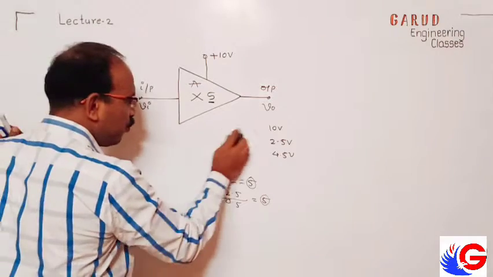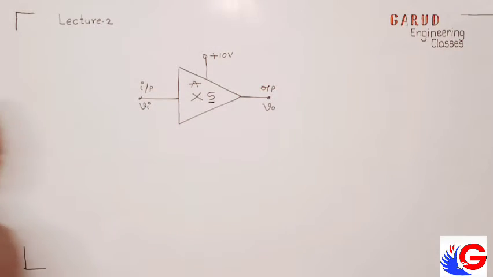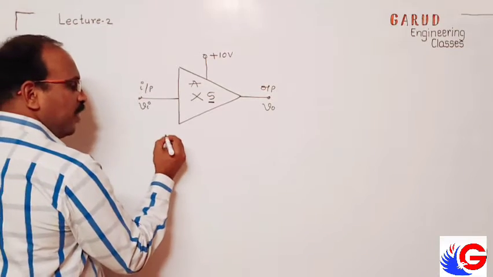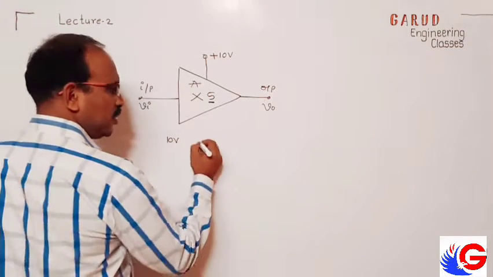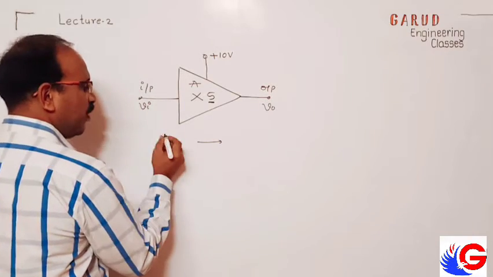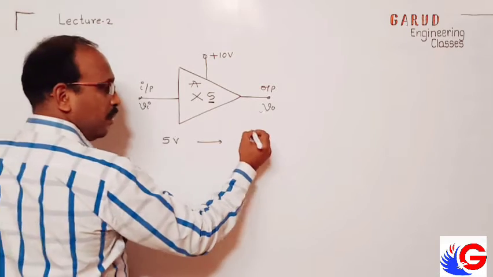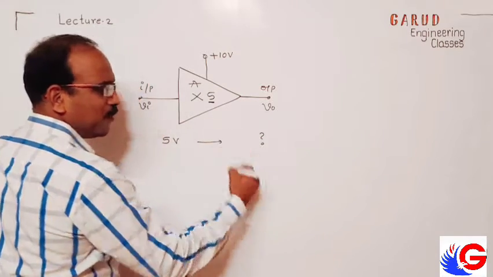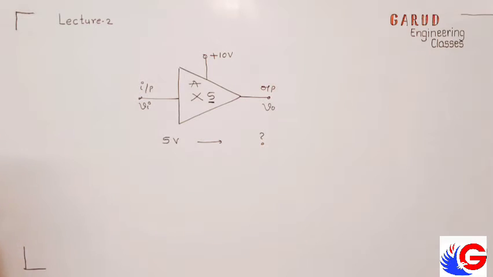There are two questions I will ask. If I give 5 volt as an input, and the multiplication factor is 5, what will be the output?